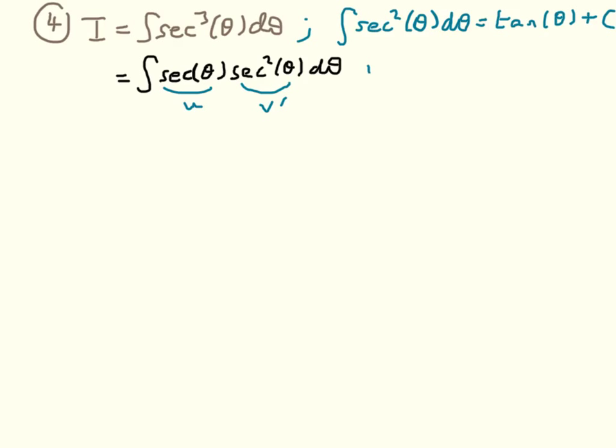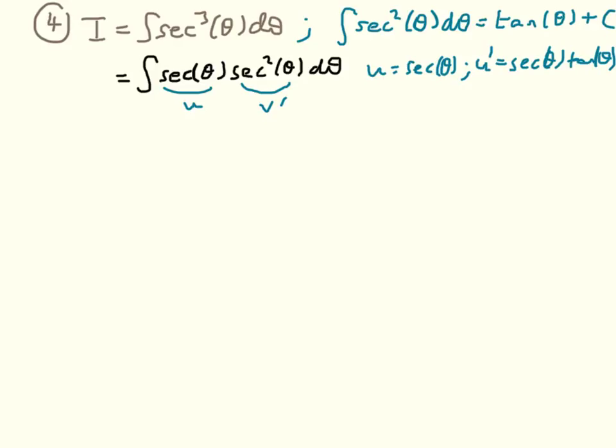So u is sec theta, so that means that its derivative, u prime, is sec theta times tan theta, which we can obtain, if you wish, by saying sec theta is 1 over cos and use the chain rule for powers, or we can just remember that the derivative of sec theta is sec theta tan theta.